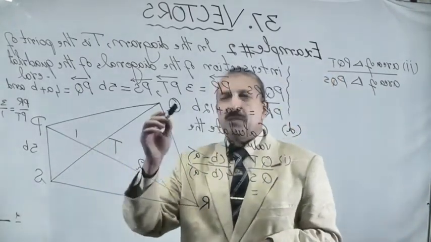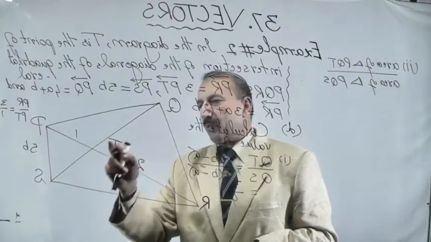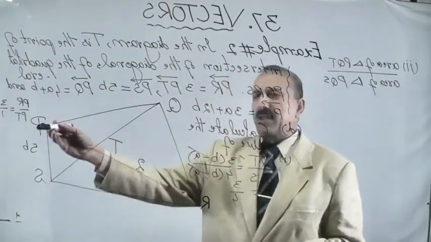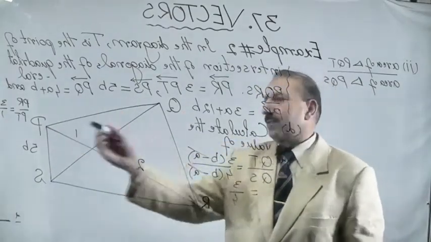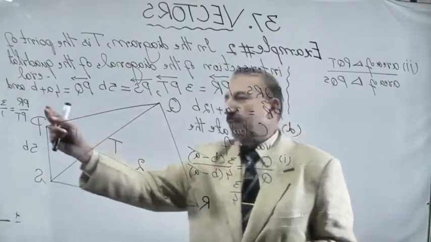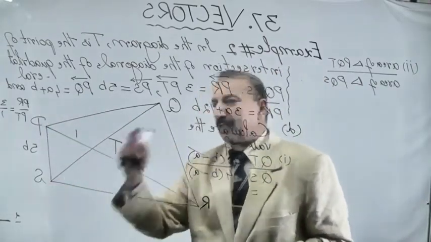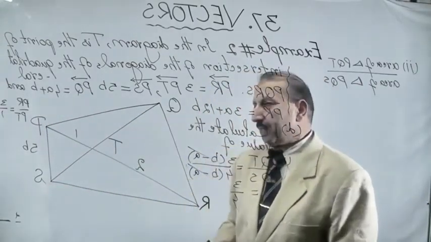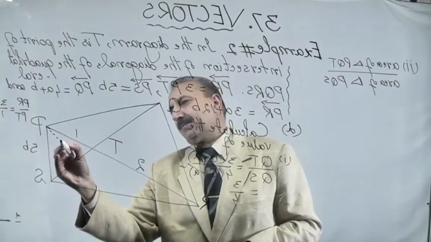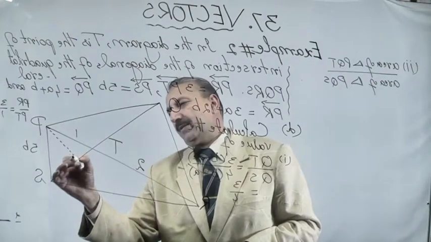Here is PQT, the base is up to here because this side is common and this point is common in two triangles, and the second one is PQS. For the first triangle, the base is here. For the second triangle, PQS, the base is QS. Alright, let's draw a line that works as a common height.